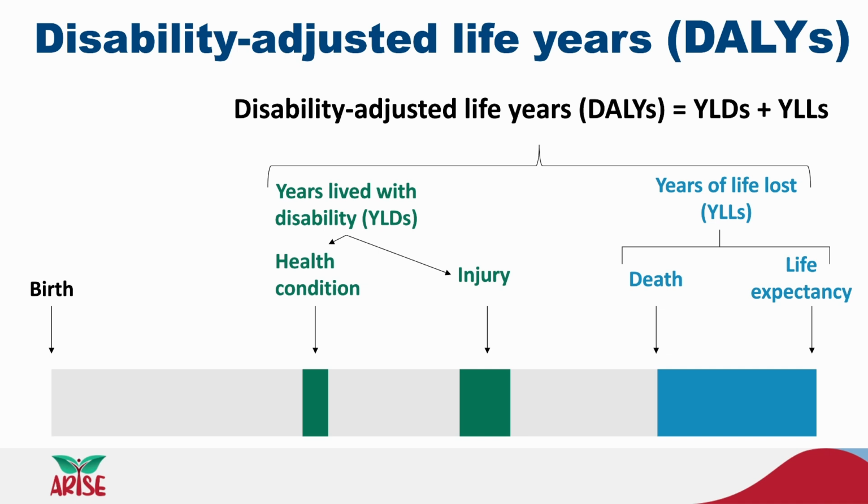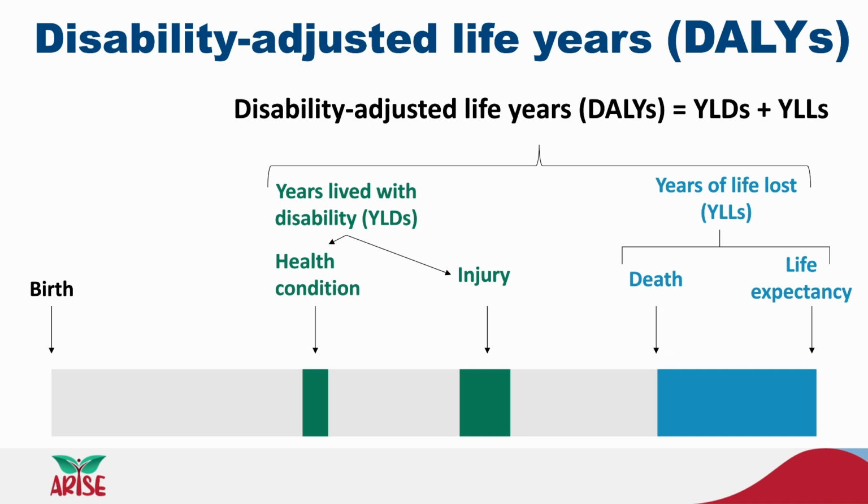To assess the burden of disease, we take both of these metrics, so YLDs and YLLs, into account. YLDs and YLLs combine to give us disability adjusted life years, or DALYs.